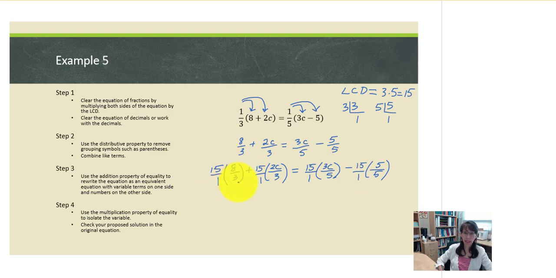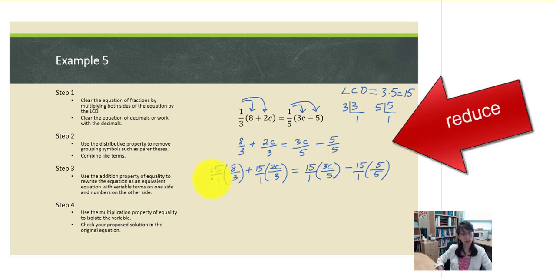And so we really can do some reducing here to eliminate our fractions. 15/3 really is 5. 15/3 again is 5. 15/5 is 3. And again, 15/5. It is really negative 15/5, which gives us negative 3.